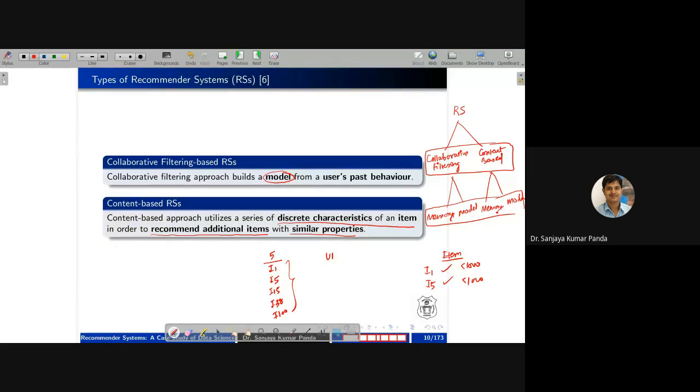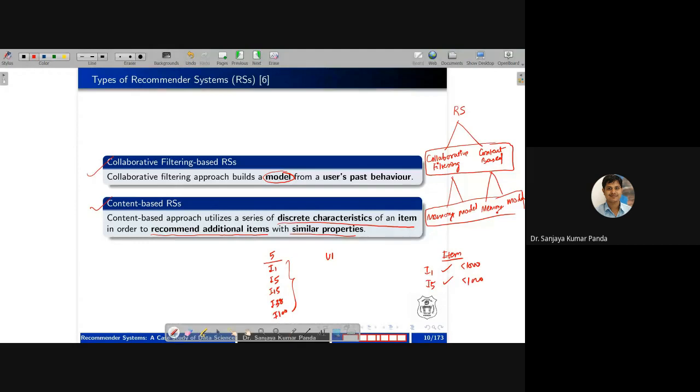First, you need to know the discrete characteristics of the item. Then you suggest similar items matching the properties of the earlier items. In this way, the collaborative filtering approach is different from the content-based recommendation system.